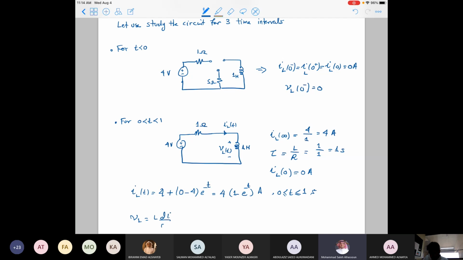We need to differentiate the current with respect to time and scale it by the inductance. So if you take the derivative, you will end up with minus the exponential term. Okay. So now we found I L of t and V L of t in this interval.